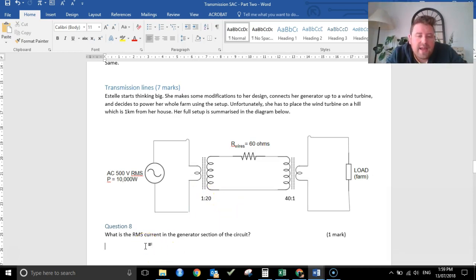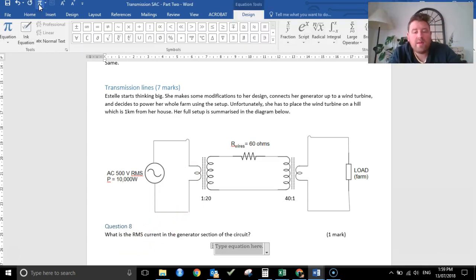So what's going to be the RMS current in the generator section of the circuit? We just have to look at what information we have about that circuit. We're told that the generator is putting out 10,000 watts at 500 volts. Do we have a formula that links those two things? Yes, power is equal to current times voltage.